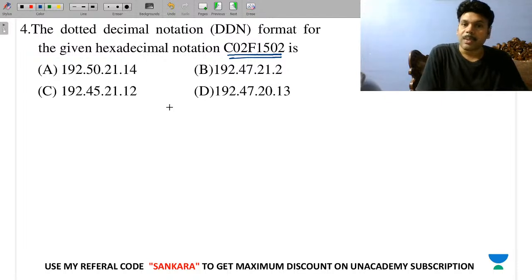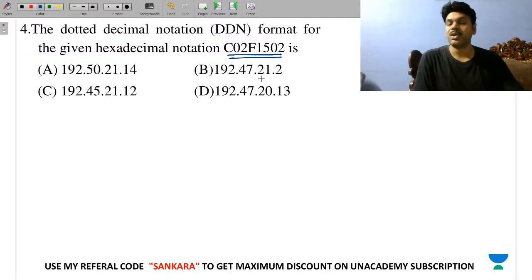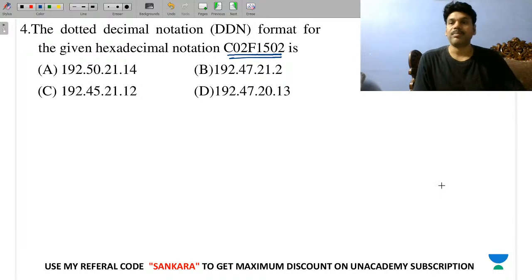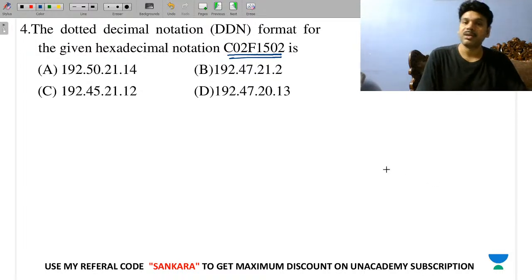Now, one hexadecimal digit is equal to 4 binary bits, we all know. Your IP address has 4 octets, so each octet takes 8 bits. That means you need 2 hexadecimal digits for one octet.